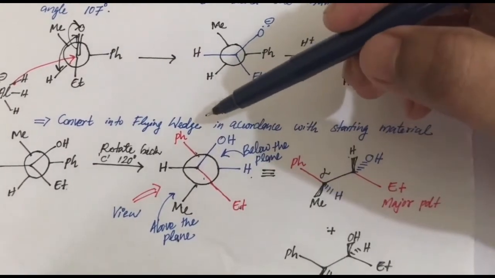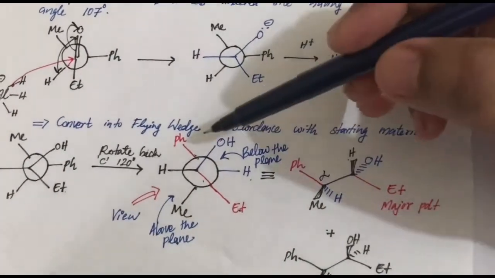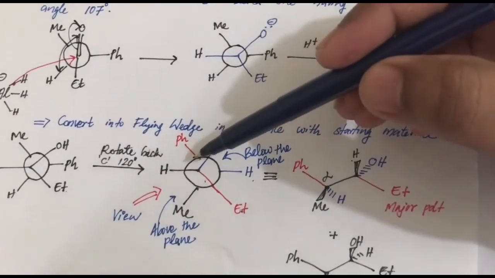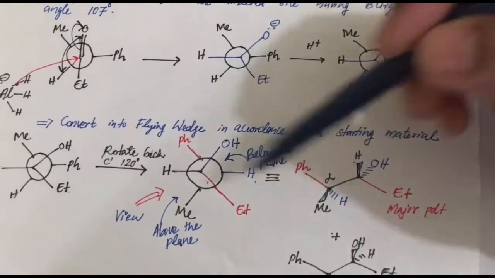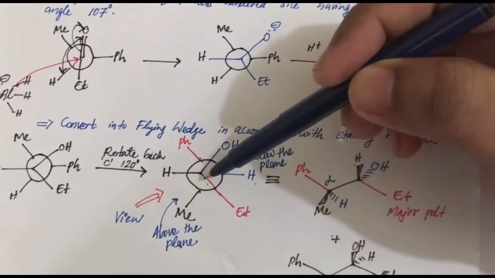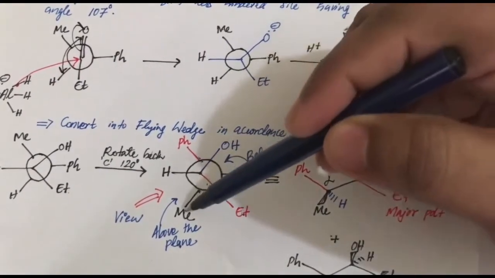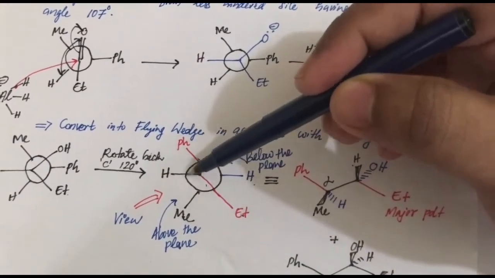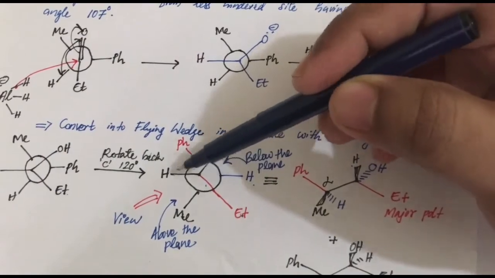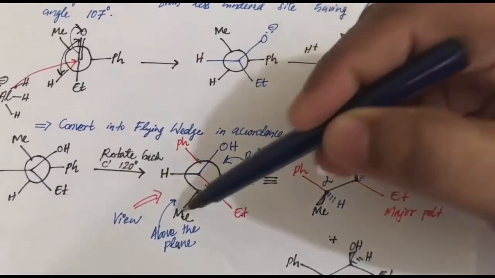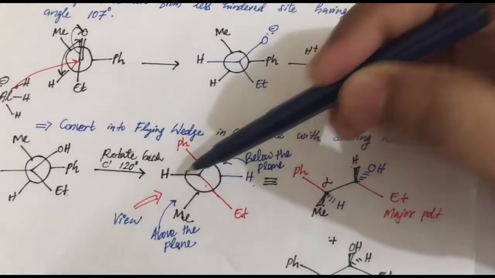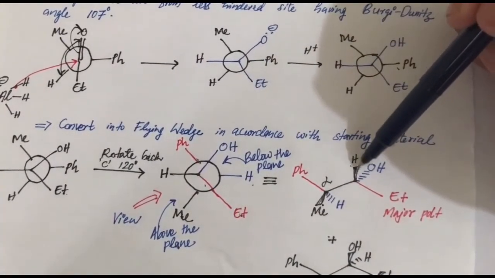They are in the plane of paper, so Ph here, Et here. Now Me present on the back carbon, that is the alpha carbon, should be in wedge. Ready. And H present on the front carbon should be in wedge. So Me on the back carbon should be wedge, H on the front carbon should be wedge.